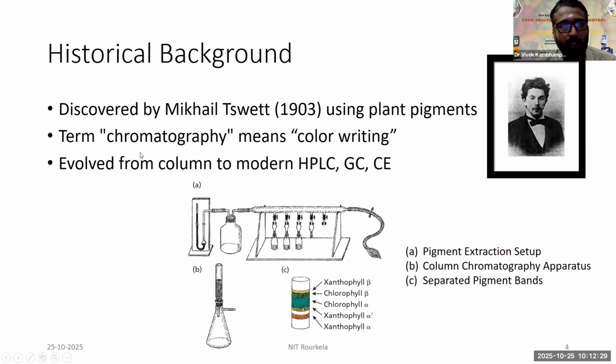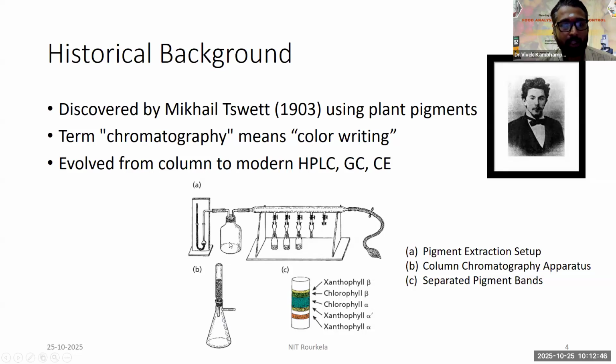Then slowly HPLC, high pressure chromatography, and based on different mobile phases and different applications, the chromatographic tools and equipment have evolved based on different needs. But this is the initial setup.